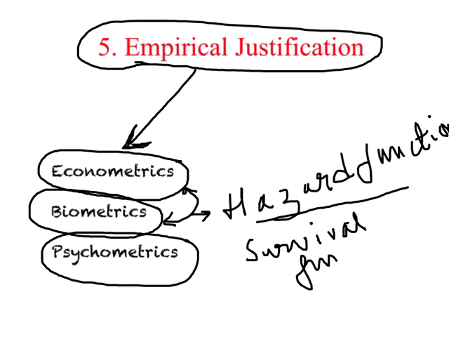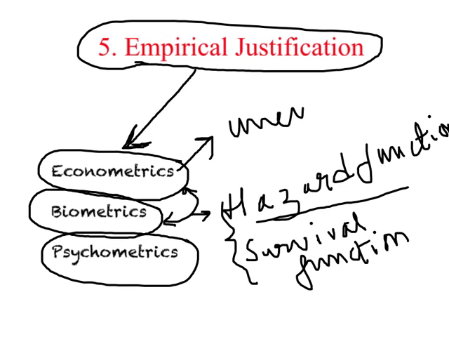And what will be survival function? If an insect or an animal is born today, what are its chances of living beyond, say, 1 week or 1 month from today? Now, hazard and survival functions were developed in biometrics or by biometricians. And in the 1970s, some economists used these functions to analyze unemployment and employment issues.